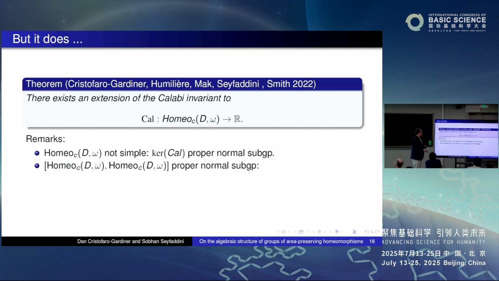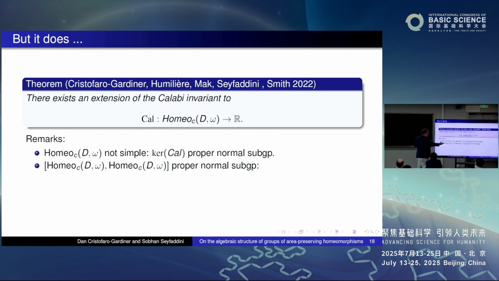Just to say a couple of remarks about this, to put it in some context: once you have an extension, it immediately answers the simplicity question, because it implies that the group is not simple. And it singles out some particular normal subgroups for you. For example, we can look at the kernel of this. As Sobhan was saying, we can look at the commutator subgroup. An interesting question is exactly what these have to do with each other.